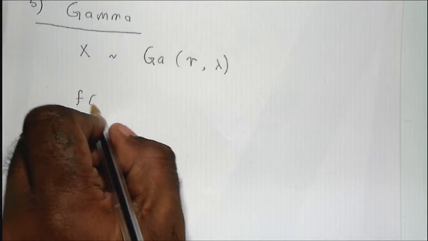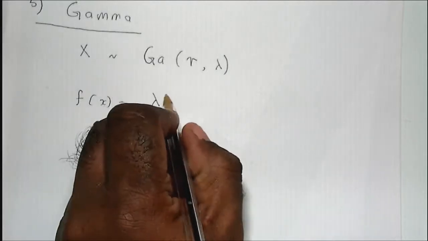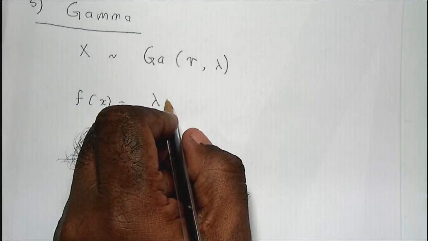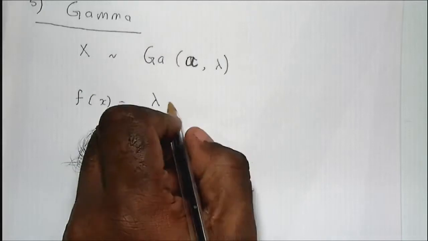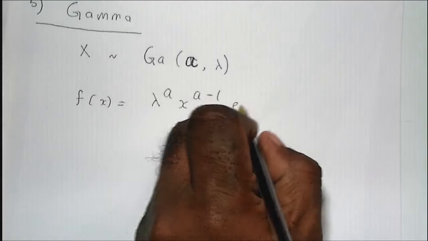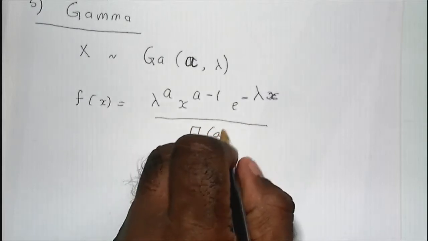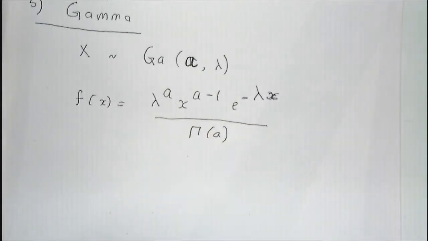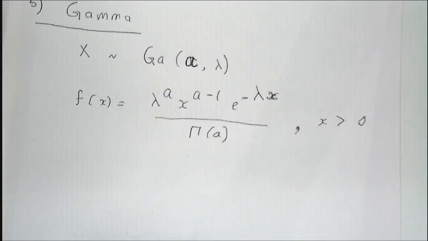The density function is, sorry, I meant A and lambda, not R, A and lambda. All right. And the density is defined on the positive real line, that x is strictly positive.